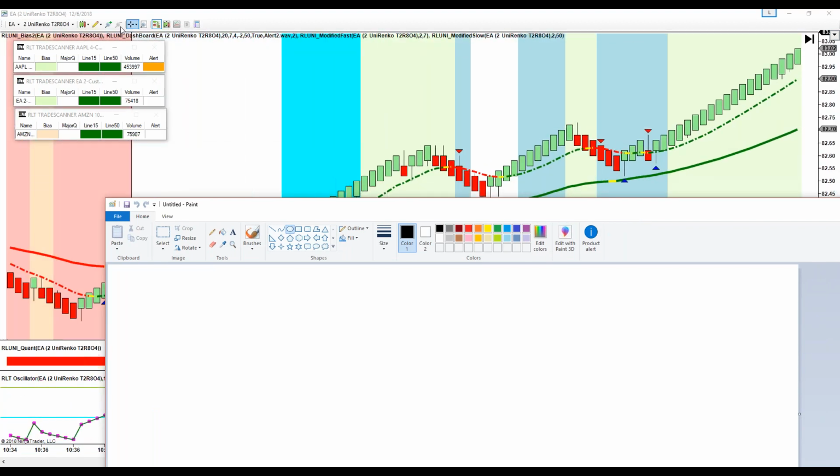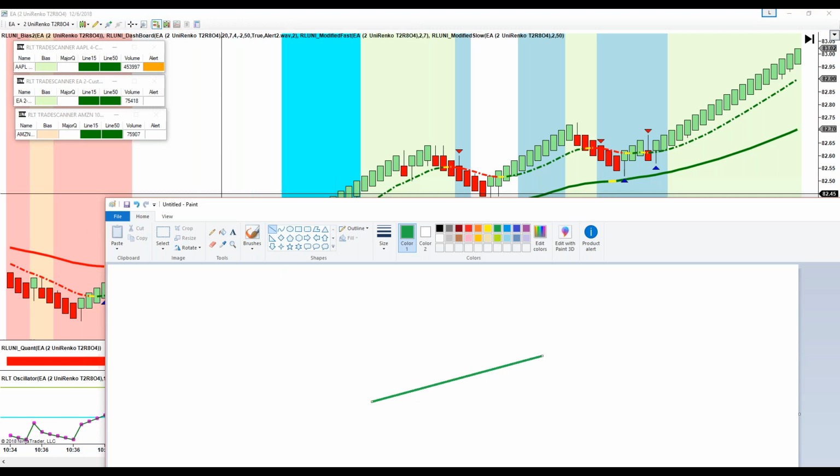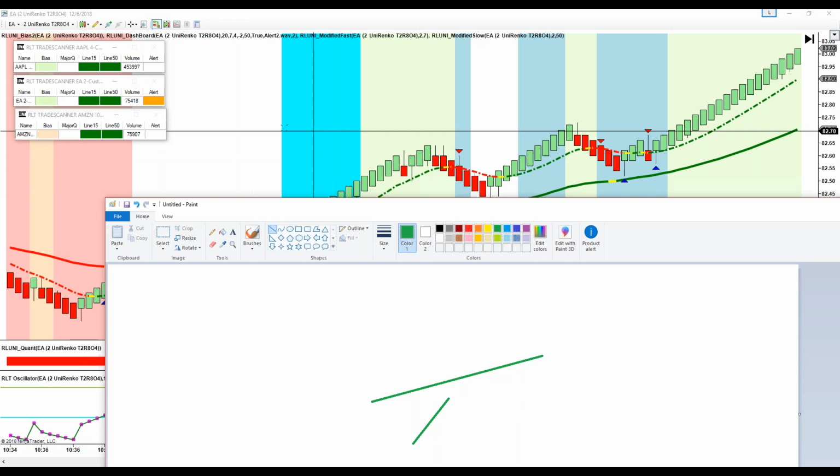Now, in order to have the first color, you have to have the 50 sloping up. The first color we'll talk about is when the 15 is also heading up, but it has not yet crossed the 50. That's this cyan color.